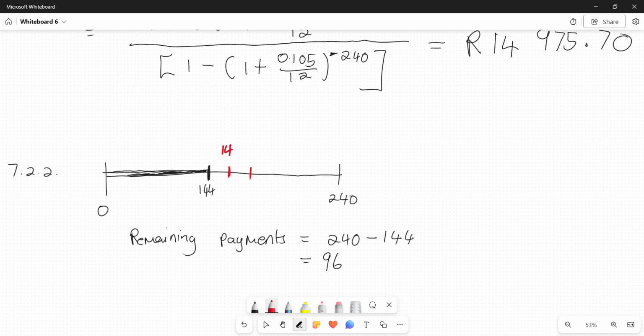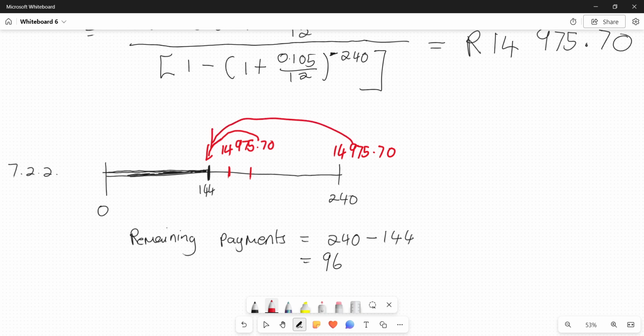So now these 96 payments, our monthly installment is 14,975.70 up until the last one, which will also be 14,975.70. What we are required to do here is find the present value of these payments, meaning we have to discount them to the 144th period.